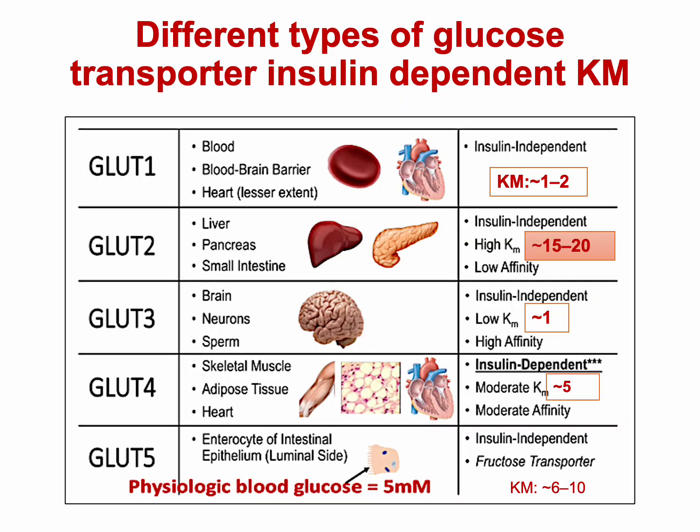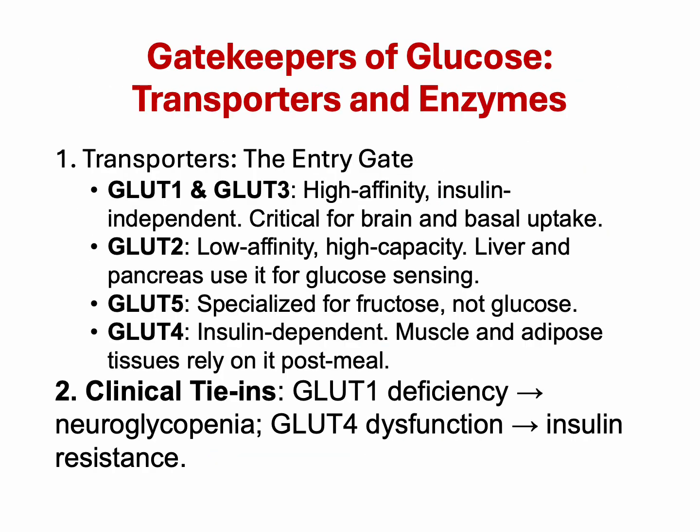Now, glucose transporters also operate according to kinetic principles defined by Km and Vmax, with each transporter type possessing a unique Km value. These differences are shown on this slide. GLUT1 and GLUT3 are high-affinity, insulin-independent glucose transporters that ensure a steady glucose supply to vital tissues.